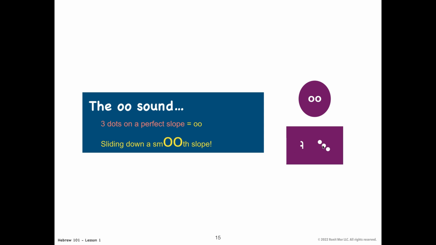Okay, so whenever you see those 3 dots on a smooth slope, it's U. The sound U can also be achieved by using the letter Vav with a little dot in the middle. That also gives us the sound U.